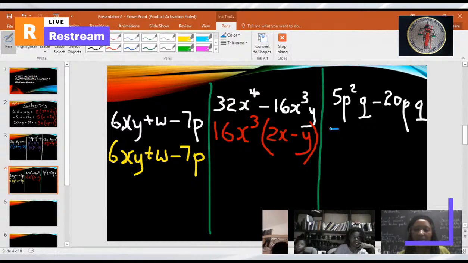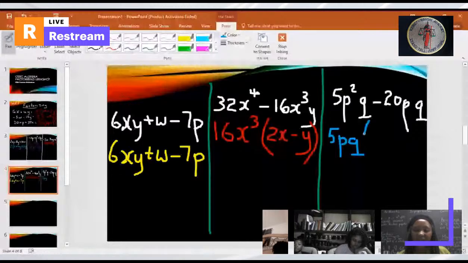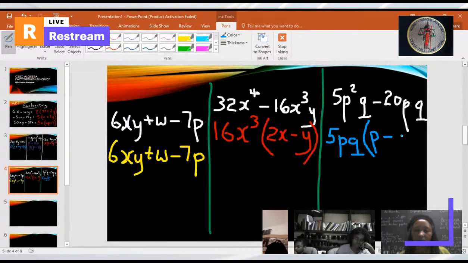So when we divide 5pq into 5p squared q, what is left? Miss, p. Okay. P is left. And then 5pq into negative 20pq is negative 4, right, because the pq cancel the pq.